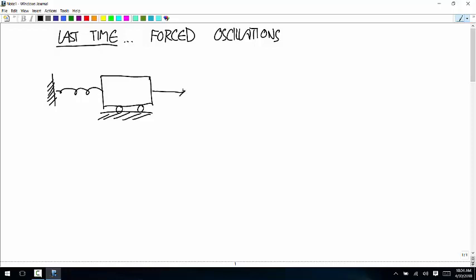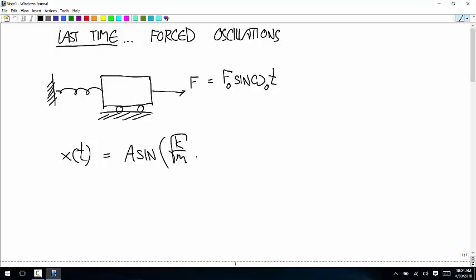And then we had this forcing function f that's equal to f sub 0 times the sine of omega 0 t. And we came up with a final solution that had this form: x as a function of time is equal to A times the sine of the quantity square root of k over m times t plus phi. So that was the homogeneous solution.